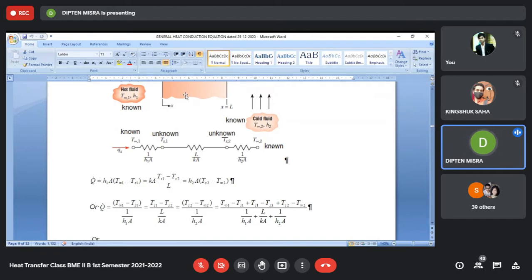Now, if we consider that the whole phenomenon is happening under steady state, that means the body's energy content is not changing. And then whatever heat it receives from the hot fluid, the same amount of heat has to be rejected into the cold fluid. And at any layer, whatever it receives in terms of heat, the same amount it has to give up.